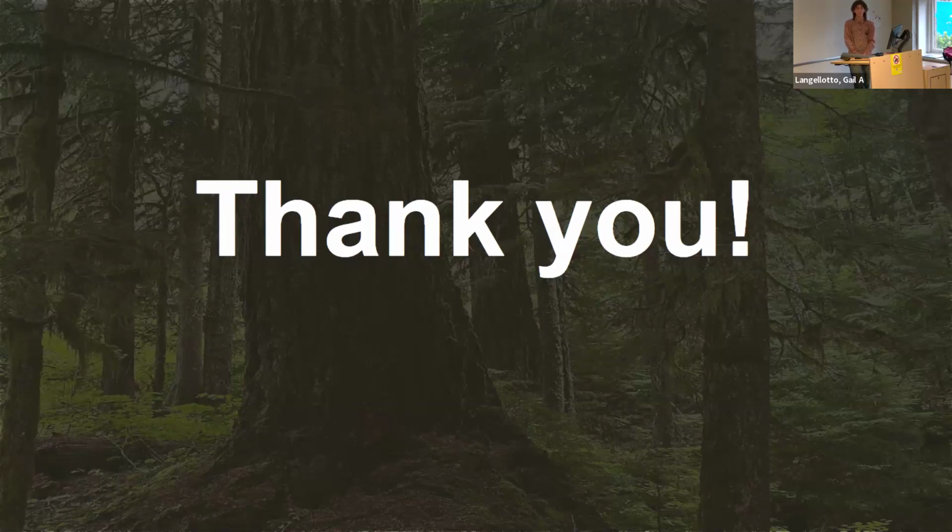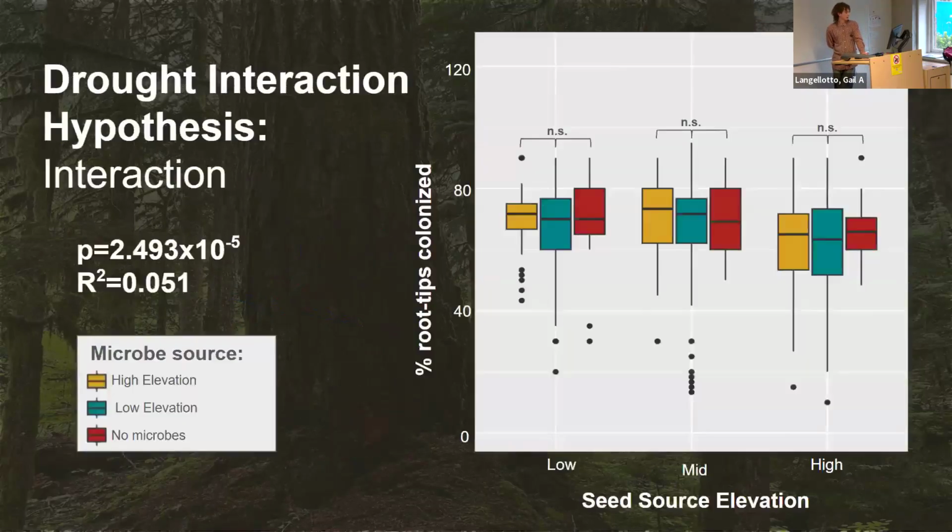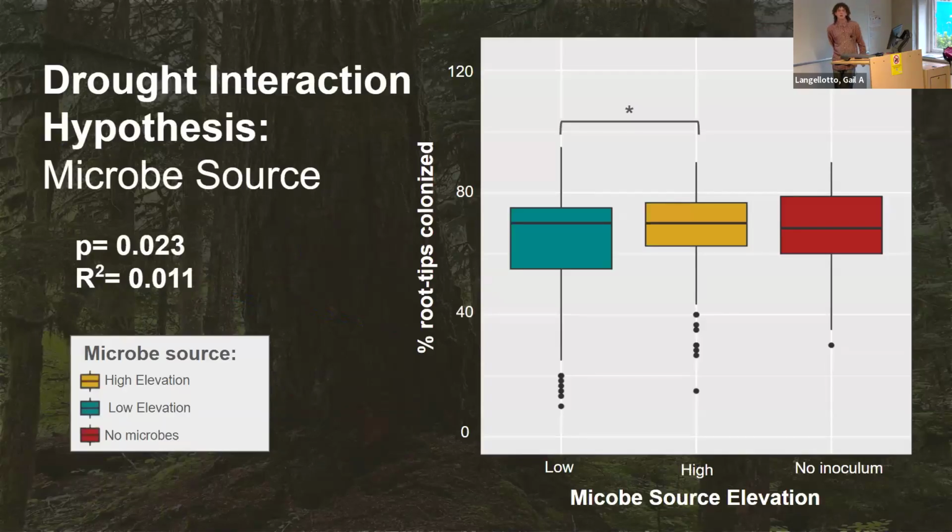On the drought, I thought the drought data was really interesting. That's cool. When you saw that increase in mycorrhization due to drought, were there particular morphotypes that you could attribute that to? Definitely.